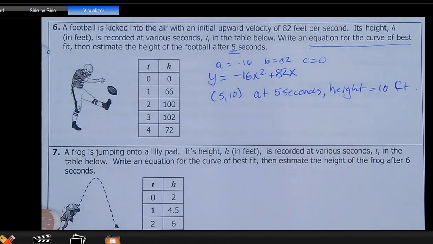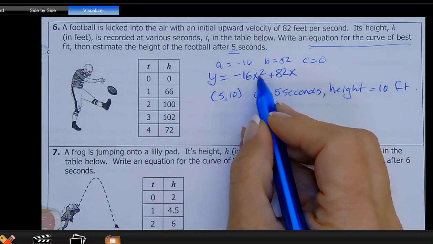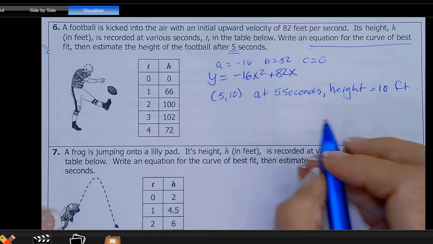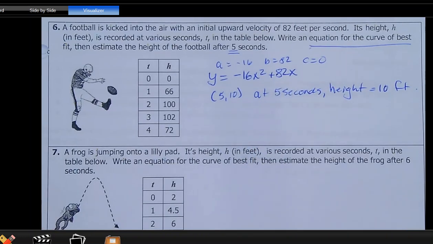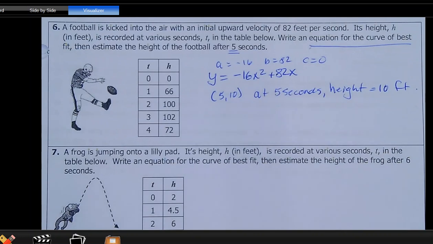I could certainly just plug in 5 squared, 25 times negative 16, and add that to 82 times 5, to get my 10. But since I already had it graphed out in Desmos, I didn't mind clicking until I figured out what is the y value when the x value is 5.